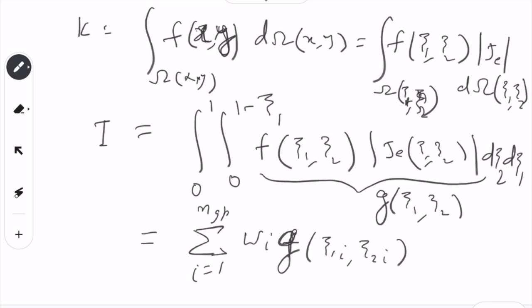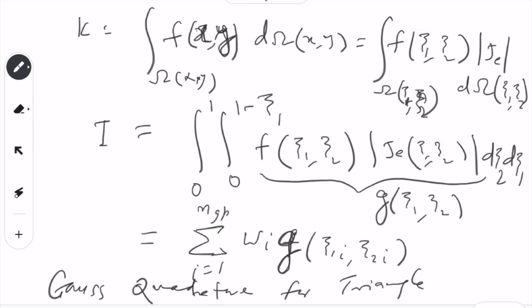You have to write G here because everything will be like this. So this we have to find out. This is Gauss quadrature for triangles.